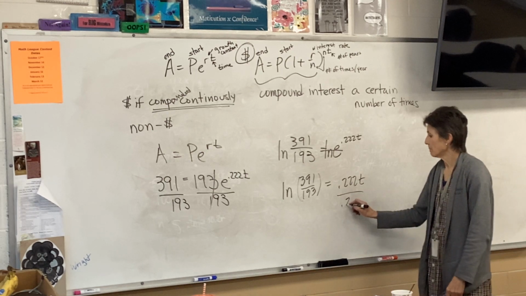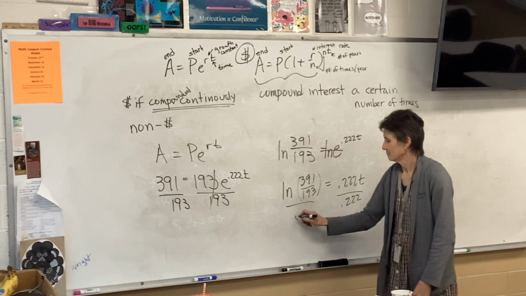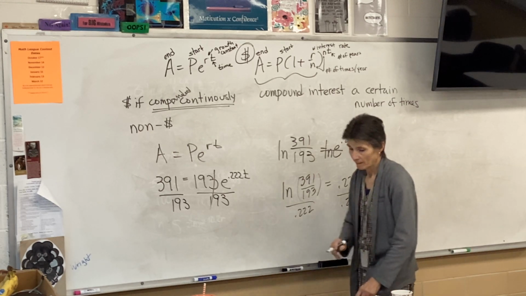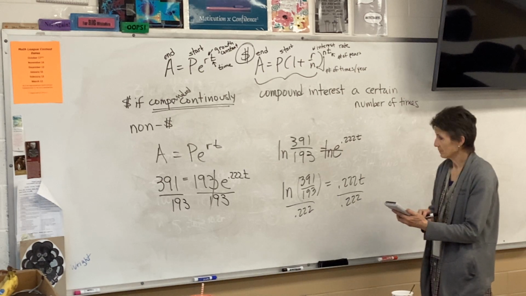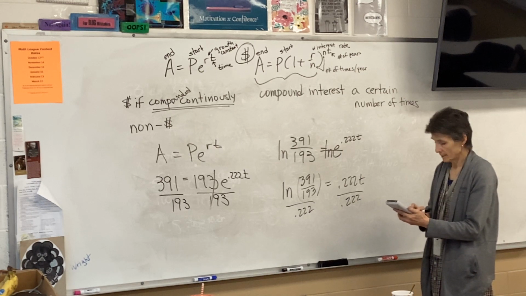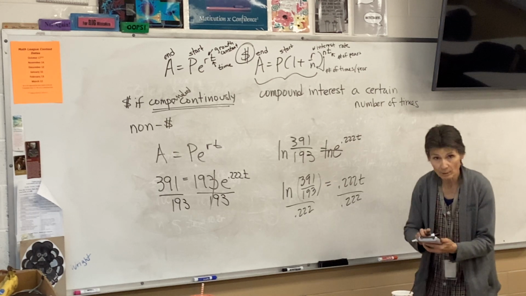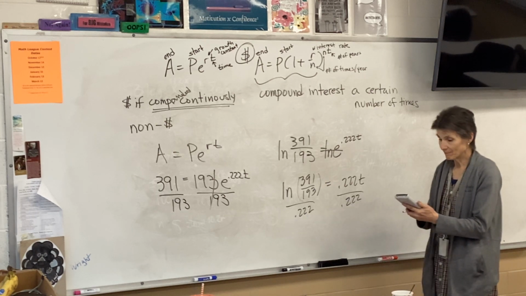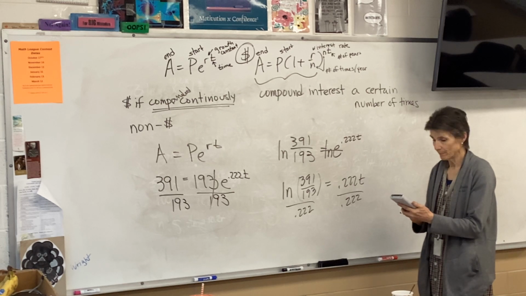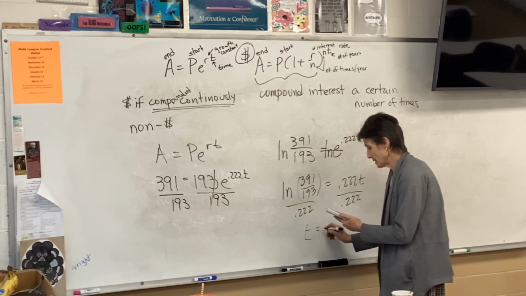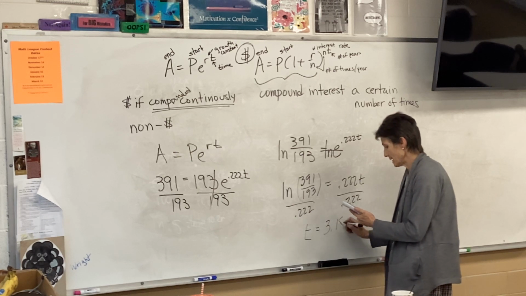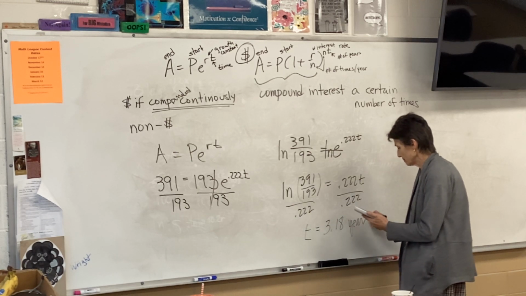I'm going to divide by 0.222. So, ln(391 divided by 193), divided by 0.222. And t is going to be 3.18 years.